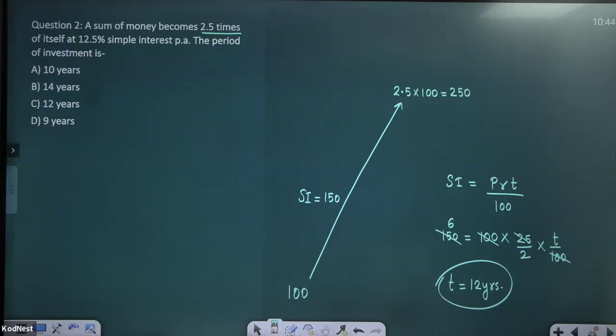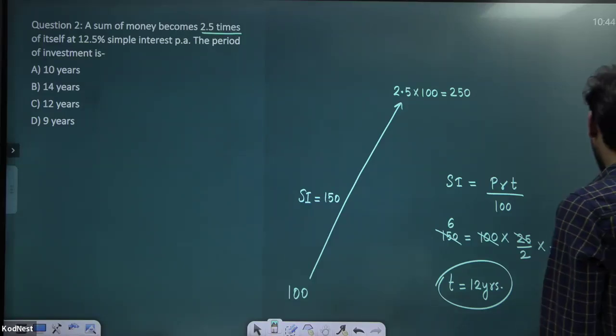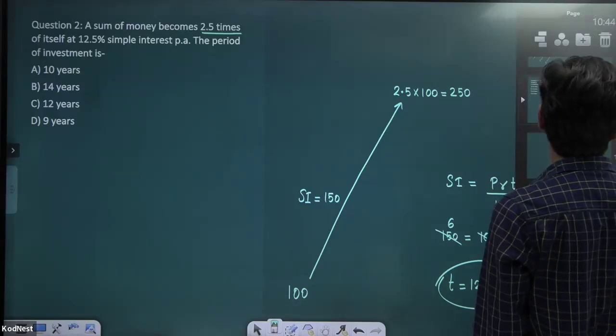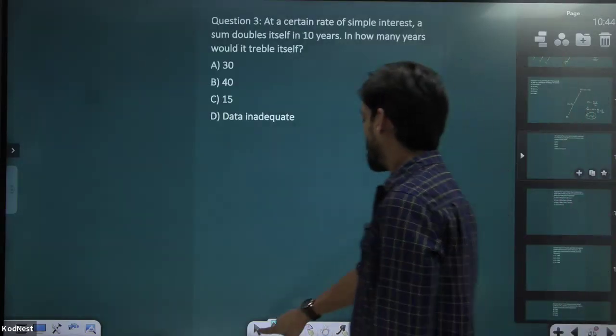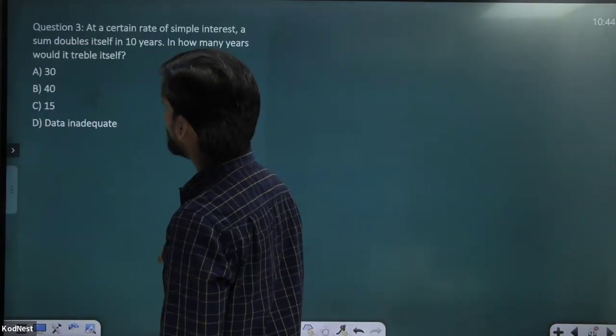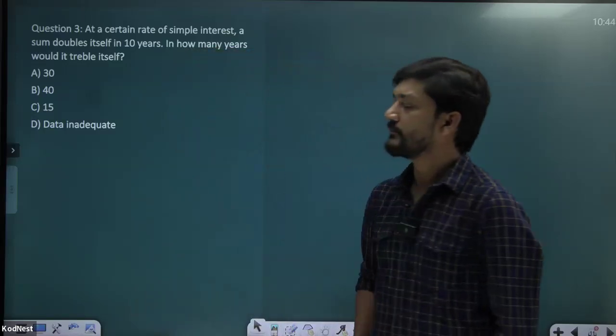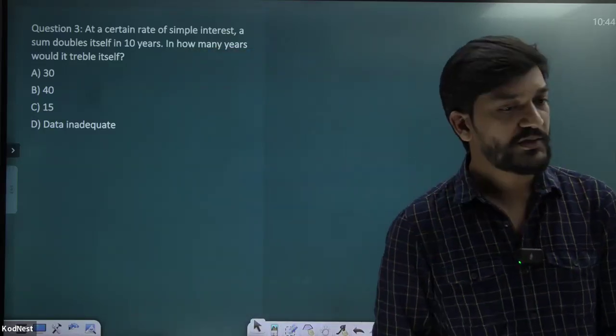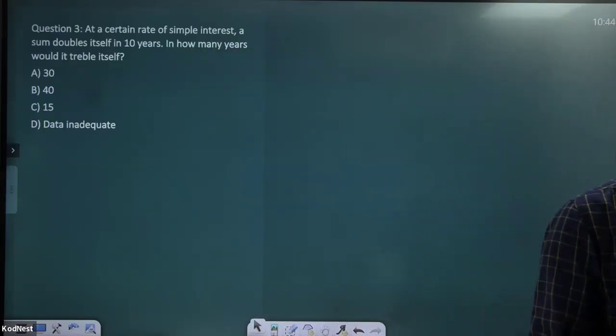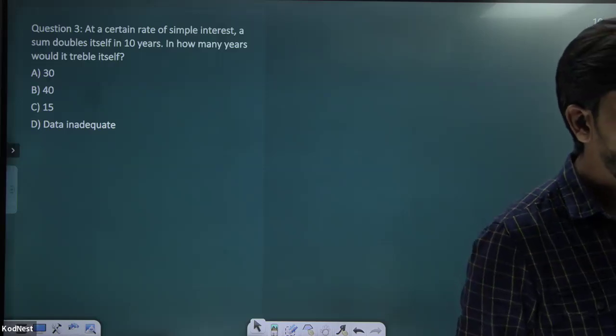Okay. Now let's take one more question. All right. Try this question now. Do it by proportionality. 12.5 is 25 by 2. So don't write 12.5.